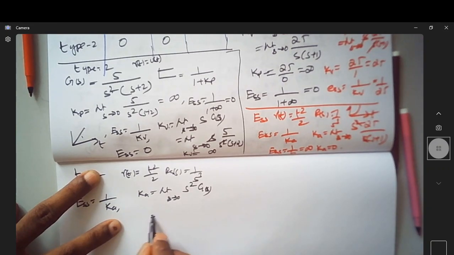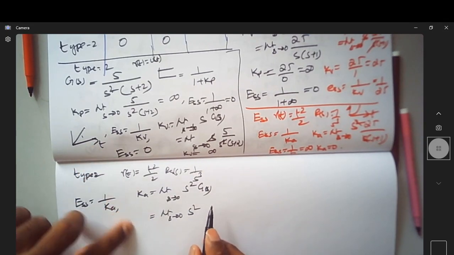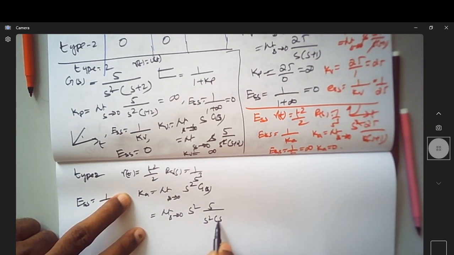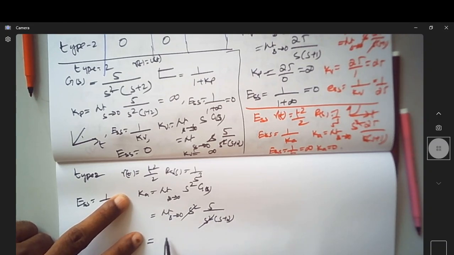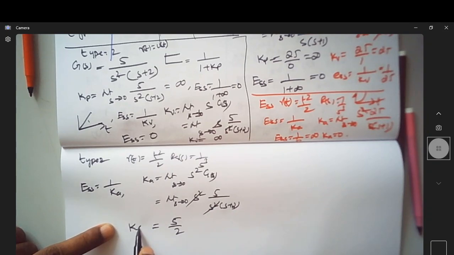GFS we have considered as 5 by s square into s plus 2. So then this square will go with this. If you apply the limit of s tending to 0, this will become 5 by 2 is the value of Ka.